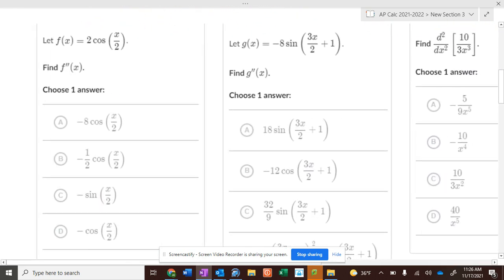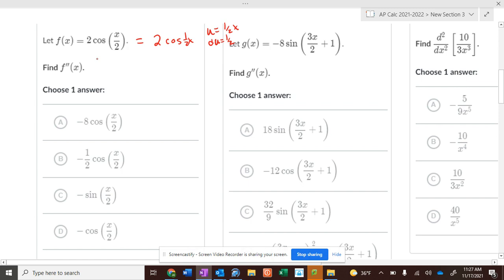Okay? So let's look at the second derivative of 2 cosine of that. I would rewrite it as 2 cosine of 1/2 x, where u equals 1/2 x. What's du? 1/2.